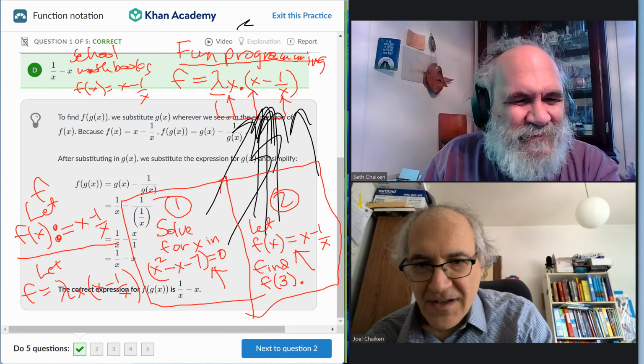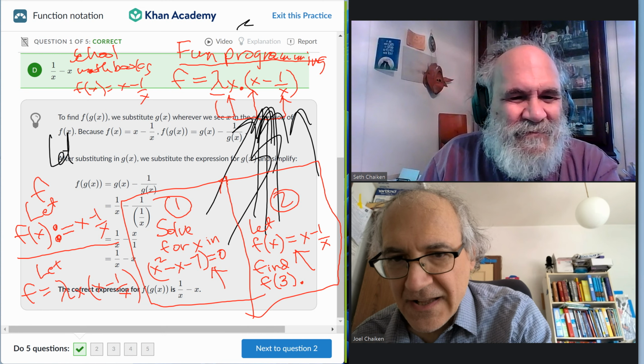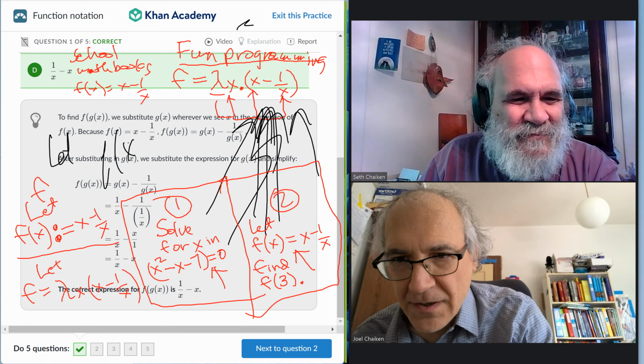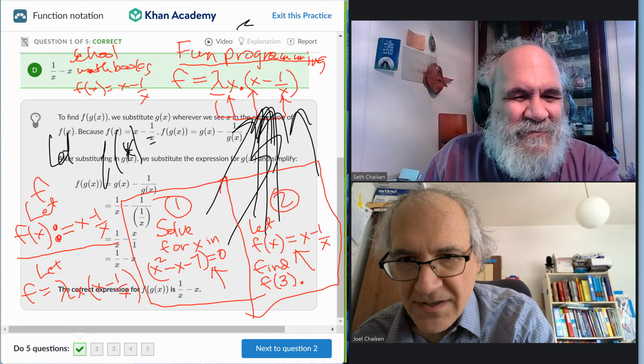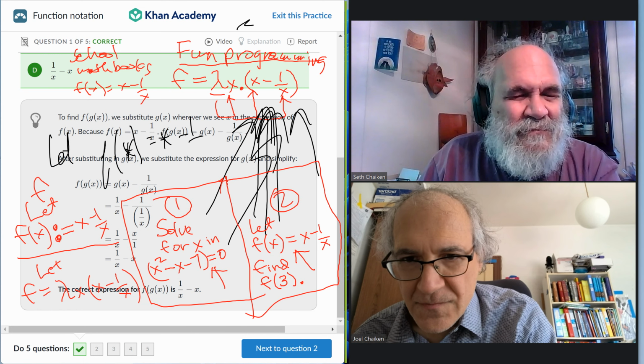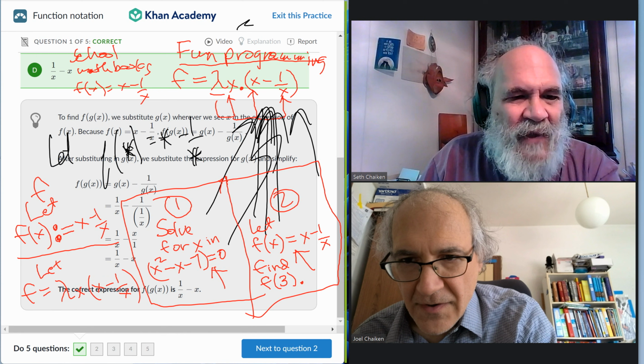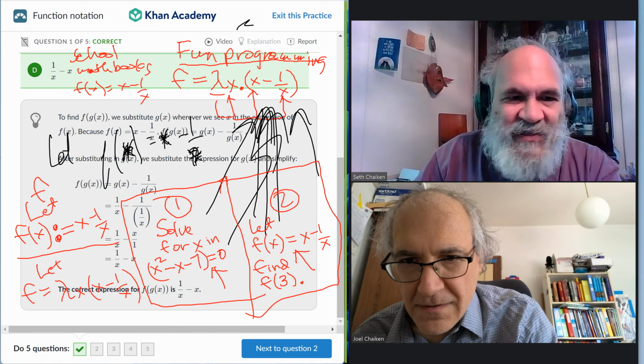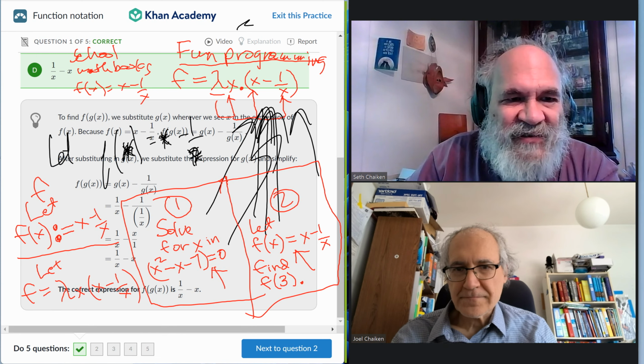What about maybe getting away from this and doing let f of star is equal to star minus 1 over star? Well, still, it's this equal sign symbol.